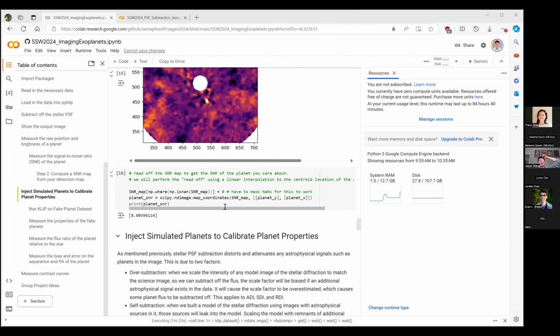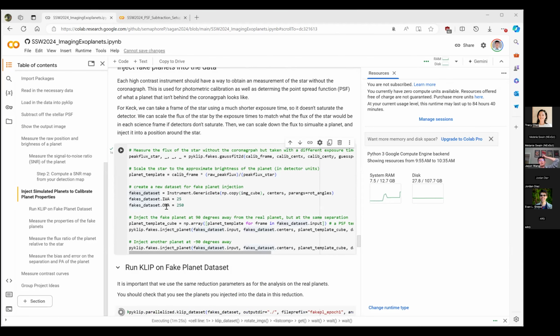IWA and OWA stand for inner working angle and outer working angle. It specifies basically how close into the star we want to run PSF subtraction. You can imagine, at the location of the star, we're not going to be sensitive to any planets, so there's no point in running PSF subtraction at the location of the star. And the outer working angle specifies how far out we want to go.